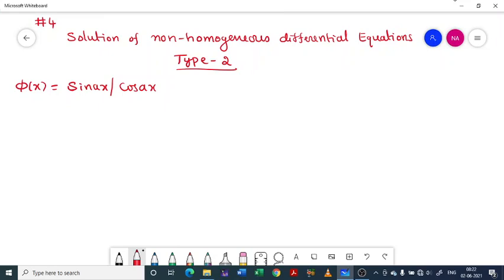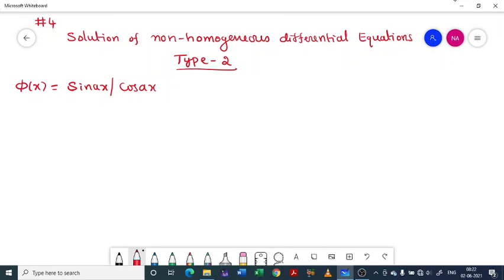a function like trigonometric function sin ax or cos ax. So even though we say trigonometric functions, we don't consider other functions except sin or cos. So we restrict ourselves to functions like sin ax or cos ax.